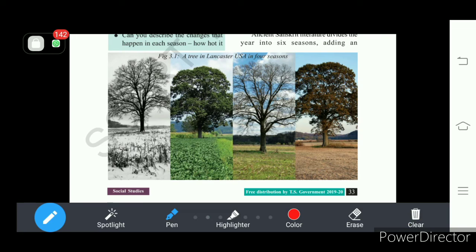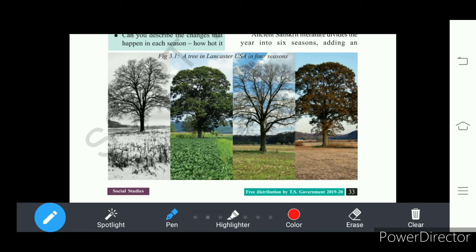In all these four figures we find a lot of differences, right? Do you know why these changes are happening? Why do we not find the same throughout the year, either the first figure or the second or the third or the fourth? We are not experiencing it like this, right? Is it completely snowfall throughout the year, everywhere in the world? No. Are the leaves shed and falling throughout the year?